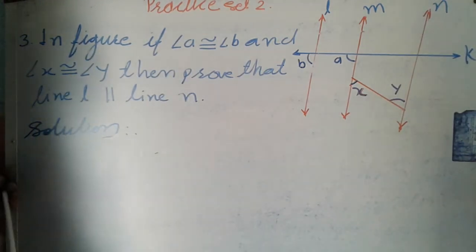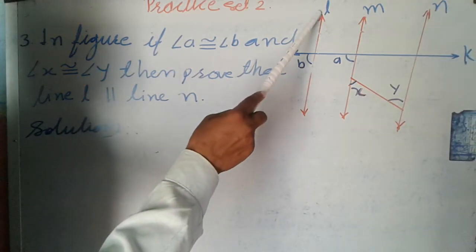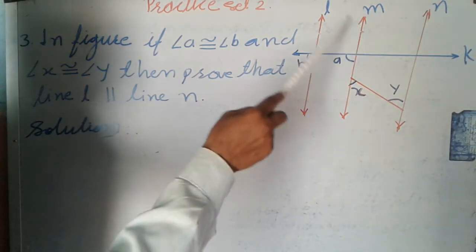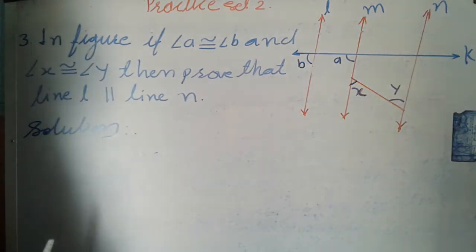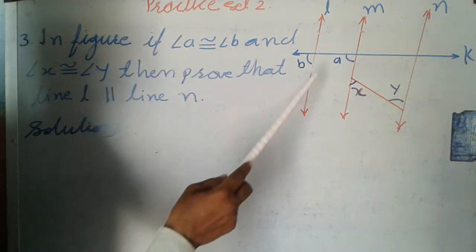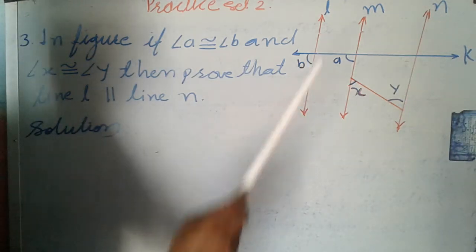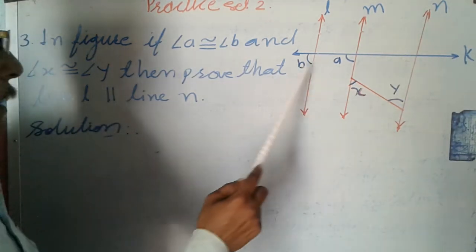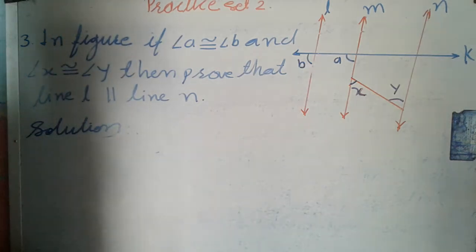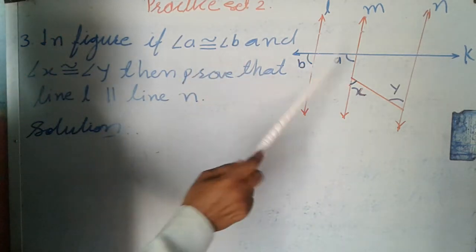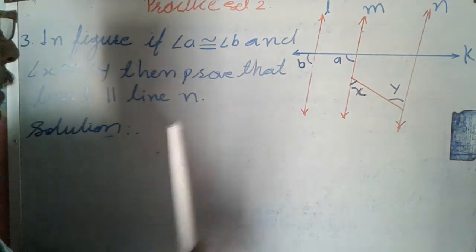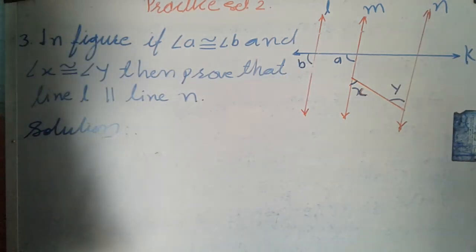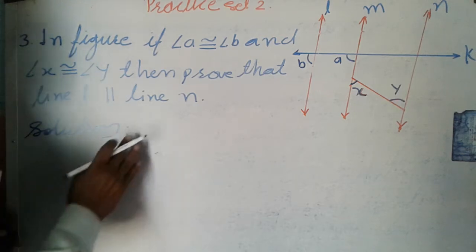First consider these two lines, line L and line M, and line K is a transversal. Due to this transversal, these two angles A and B are corresponding angles, and these angles are given congruent. And if corresponding angles are congruent, then lines are parallel.